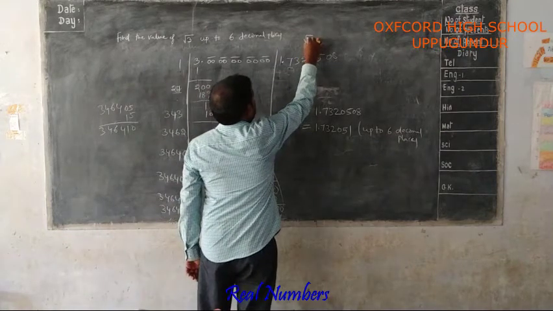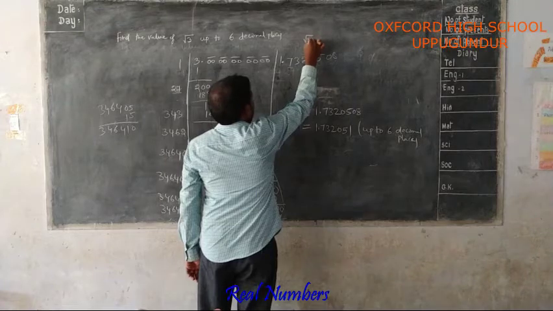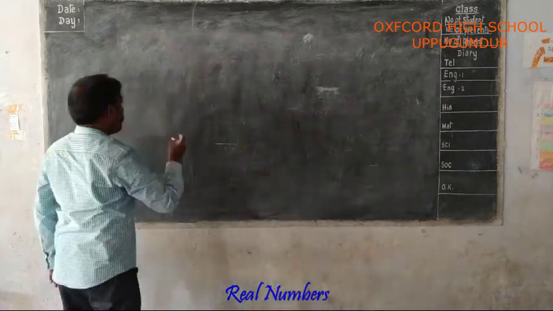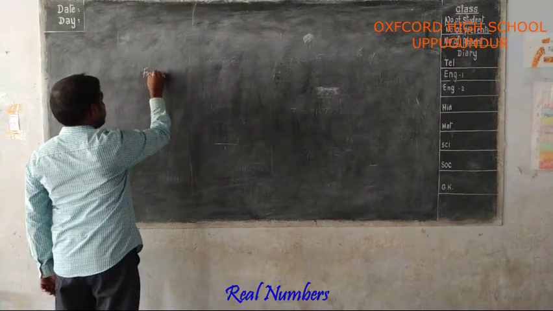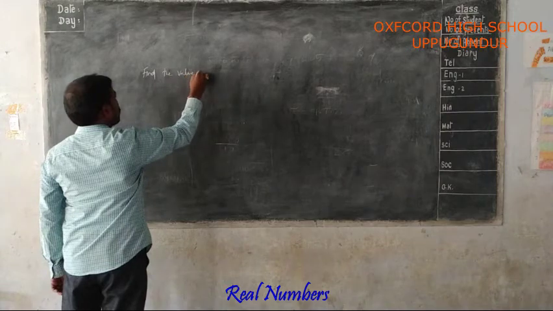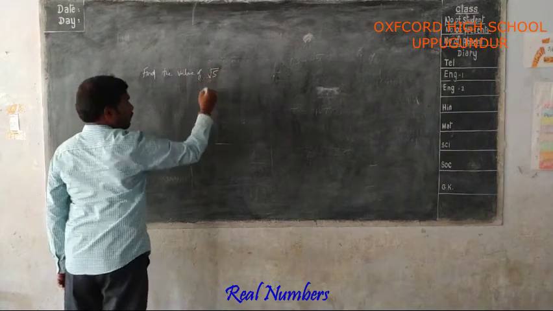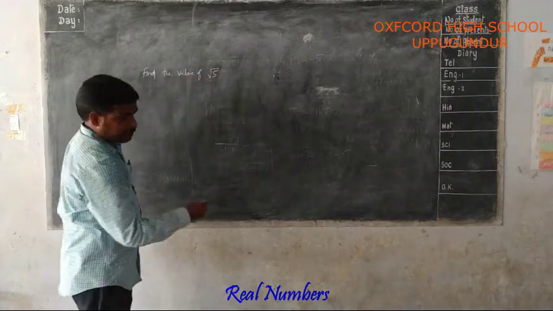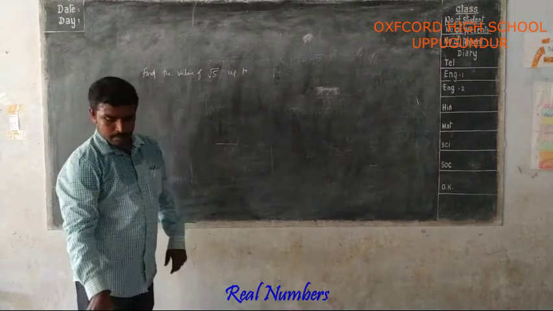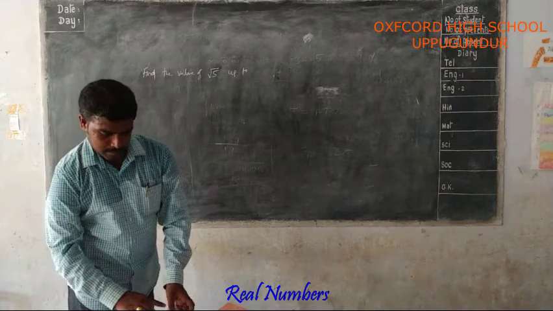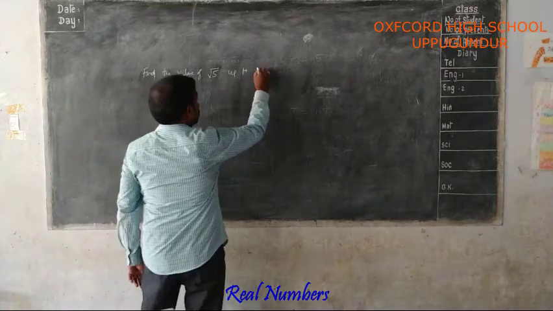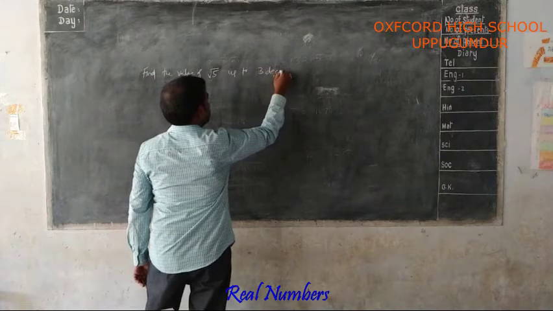Similarly, you have to do root 5. Now I'll tell you. Now you have to find the value of root 5 up to 3 decimal places.